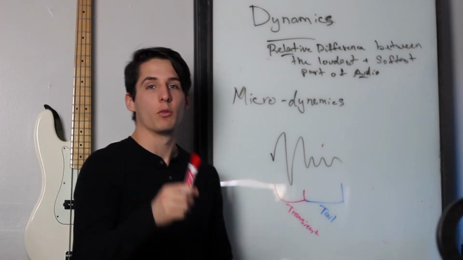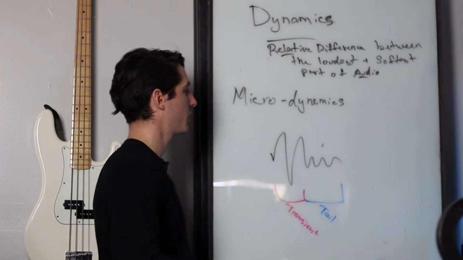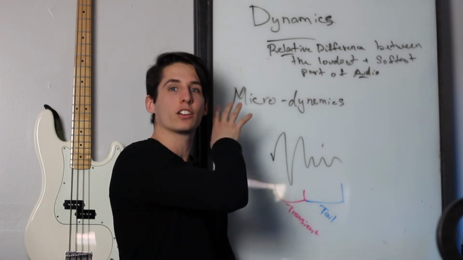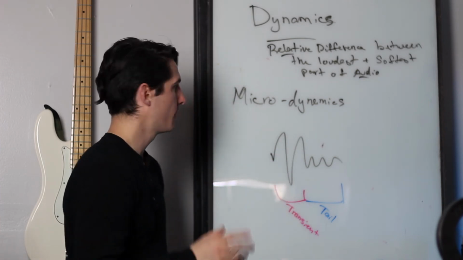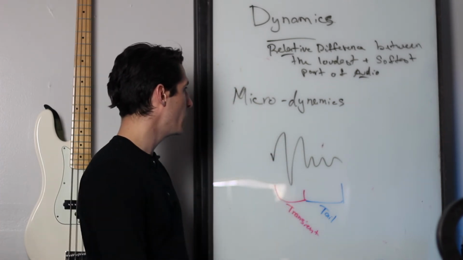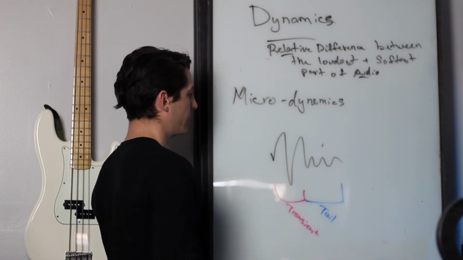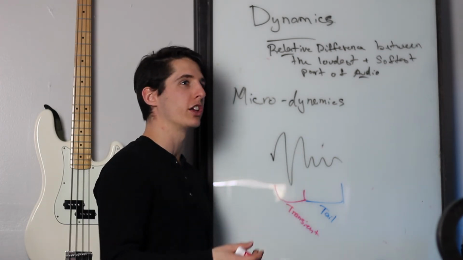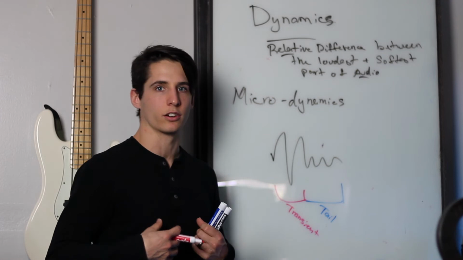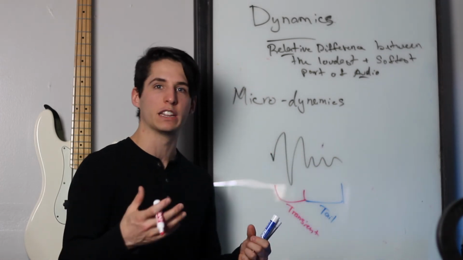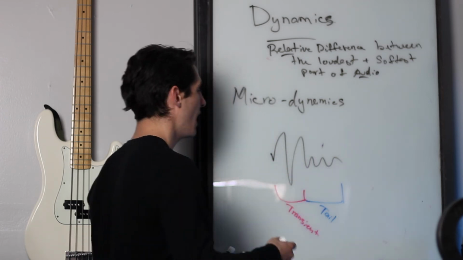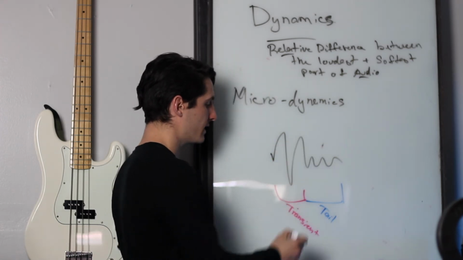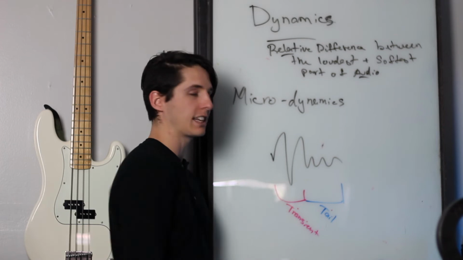The key thing that I want you to walk away from this video with is that we can control microdynamics using compression. For example, if we want to make this audio wave sound closer to the listener, I might do this on a lead vocal that is just getting lost in the mix and I want to bring it forward. I can increase the transient volume relative to the tail volume.